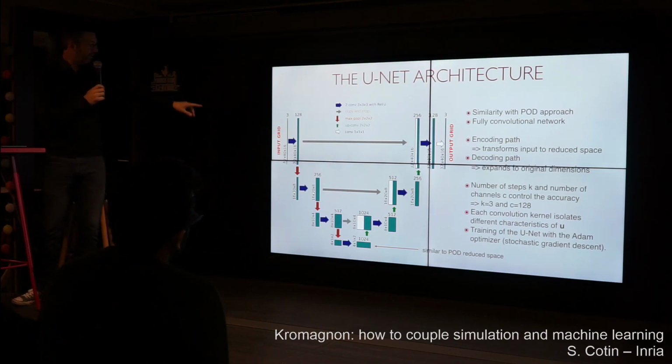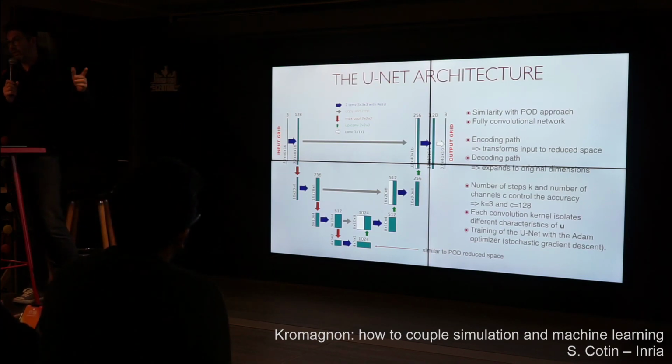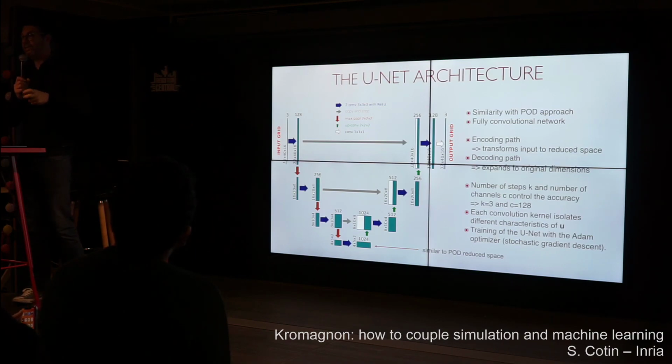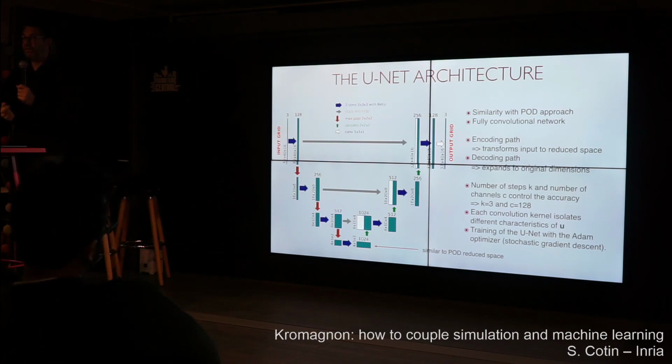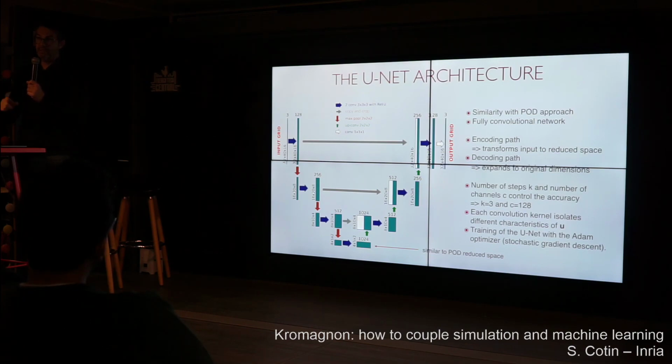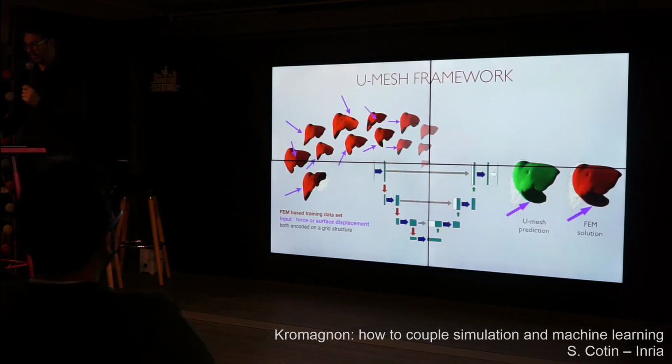When you go down this path here, which is called the encoding path, you reduce the dimensionality of the problem to a vector of a few hundred scalars that basically describe the deformation of the object under this particular input. And the decoding path, which is going up, basically upsamples this to the initial number of degrees of freedom.